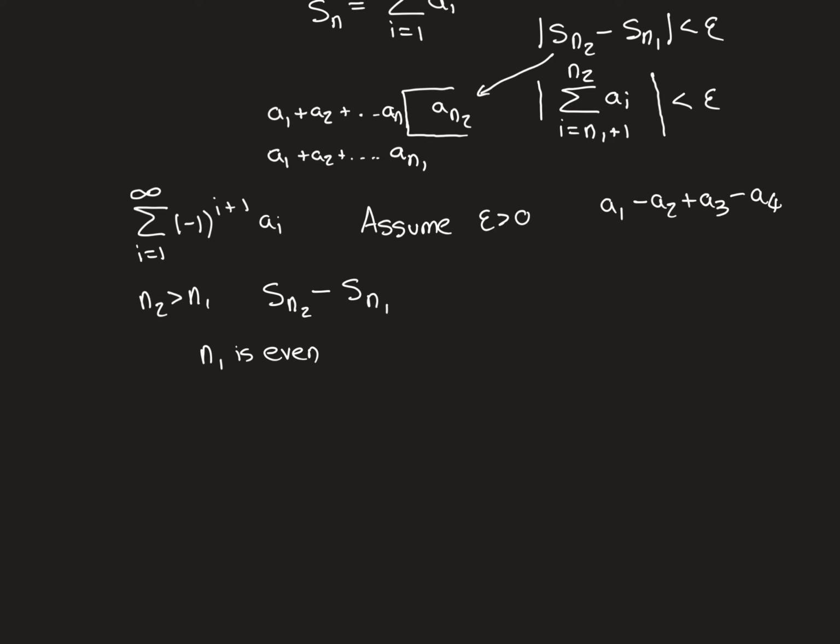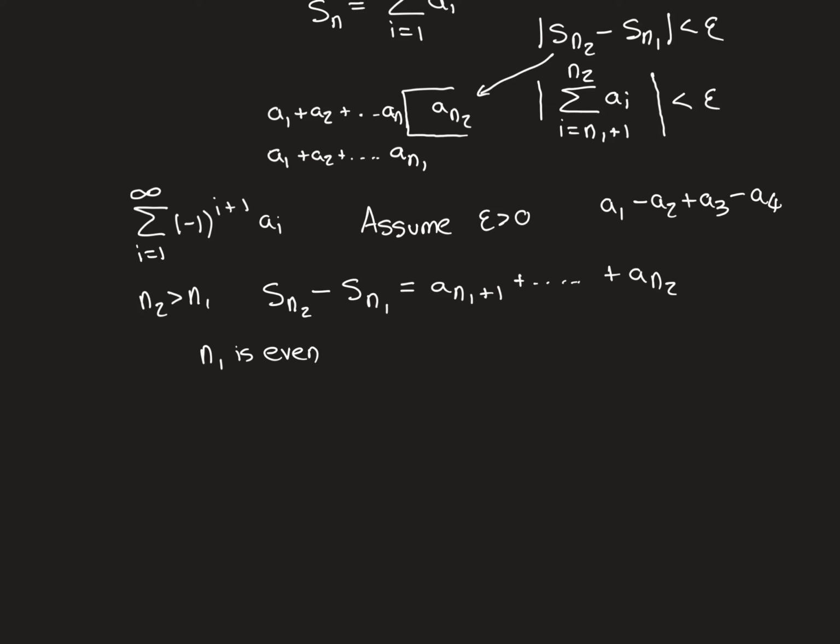So if we're subtracting off S_n1 and n1 is even, then the first thing along in this, a_(n1+1), is going to be an odd term. So this is going to be all the way up to a_n2.